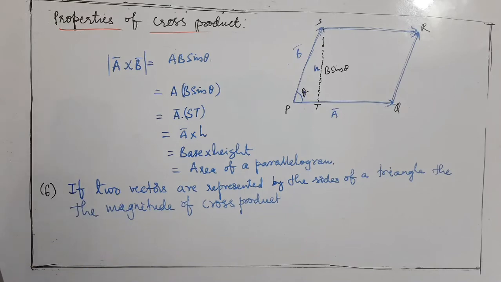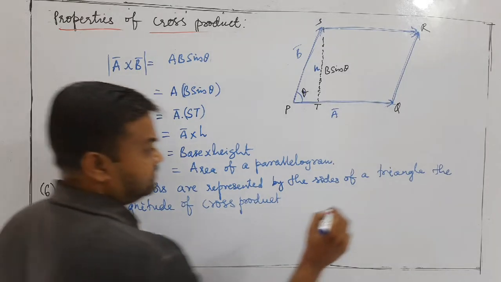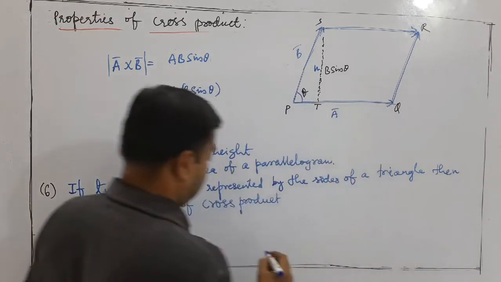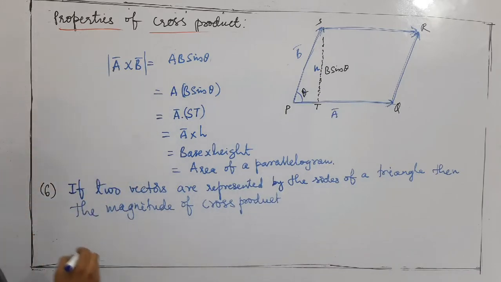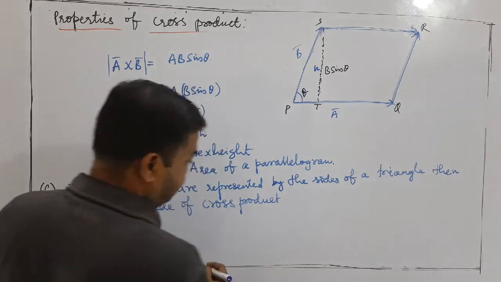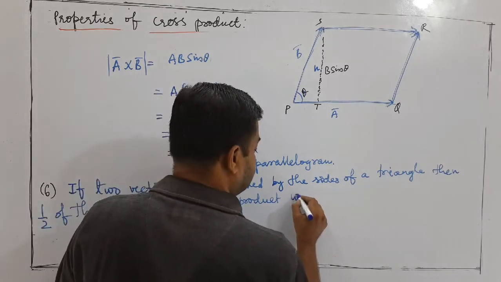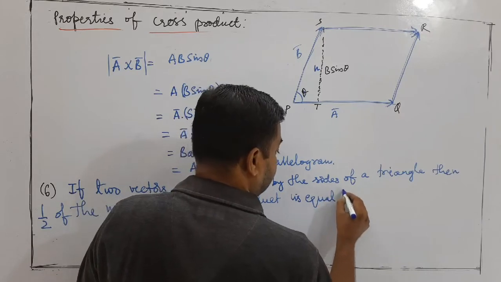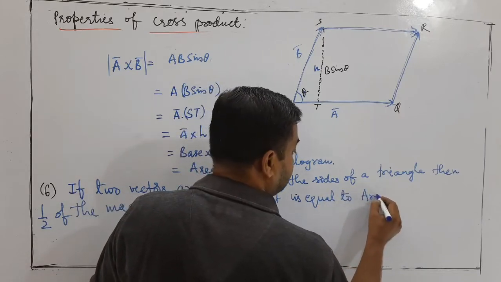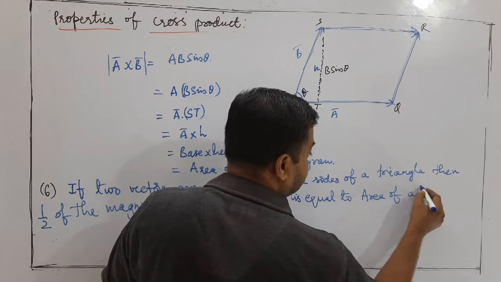If two vectors are represented by the sides of a triangle, then half of the magnitude of cross product is equal to the area of a triangle.